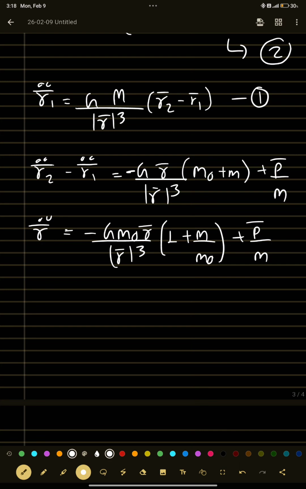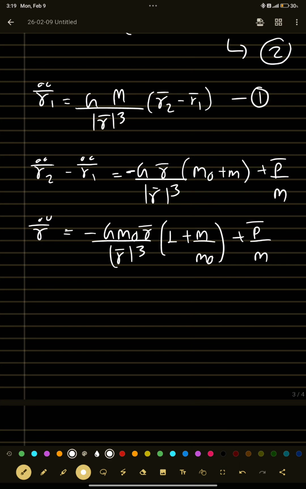Okay, now what we had assumed was there is only gravitational force, so P was 0, and we had assumed that m by m naught is less than 1. Now if you have P equal to 0, it is known as the restricted two-body problem. Now in this equation 4, what happens if you put P equal to 0?